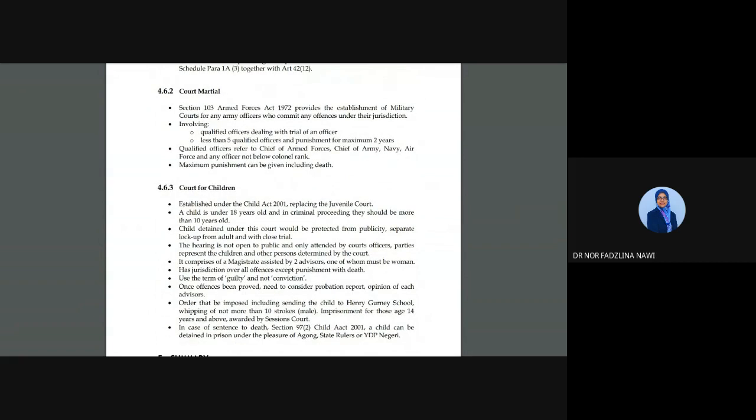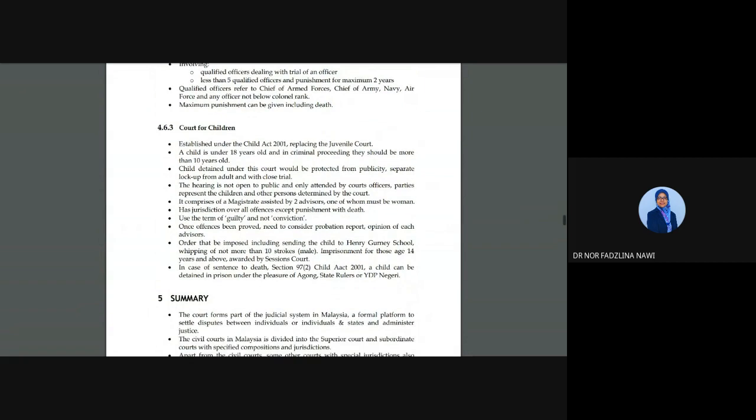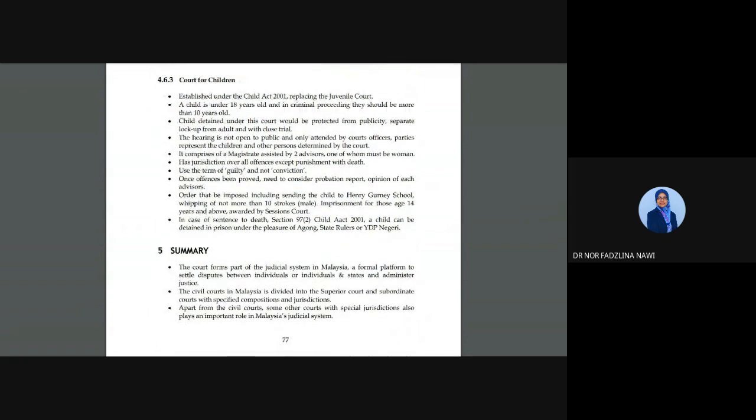And then for court martial, we have the Armed Forces Act 1972. Under section 103, it provides for the establishment of a military court for any army officers who commit any offences under their jurisdiction. And finally, we have the Court for Children. This court is established under the Child Act 2001. It replaced the Juvenile Court.